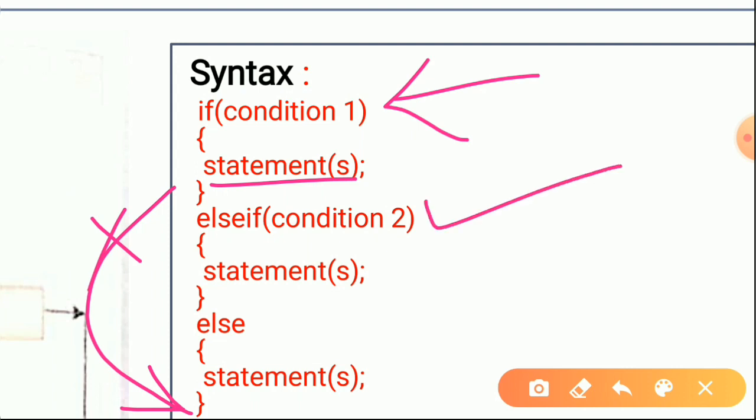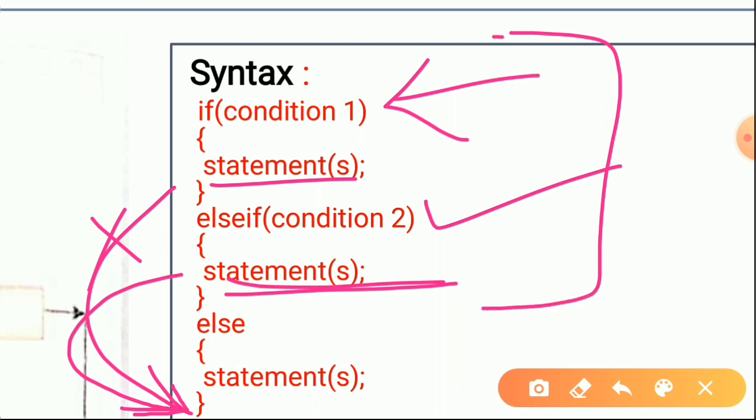If this condition is true, then these statements will get executed, and then again your compiler will take you outside the else portion. And if all the conditions are false, if none of your conditions is true, then by default your else portion will get executed.